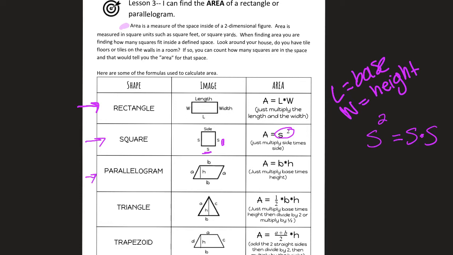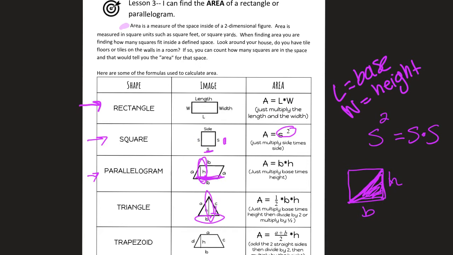For a parallelogram, just like a rectangle, I take the base right here times the height, that one in the middle. Okay? For a triangle, I take the base times the height times 1/2. Okay, because if I have a square or a rectangle and that's the base times the height, I can make a triangle by cutting it in half. And a trapezoid is a little different.